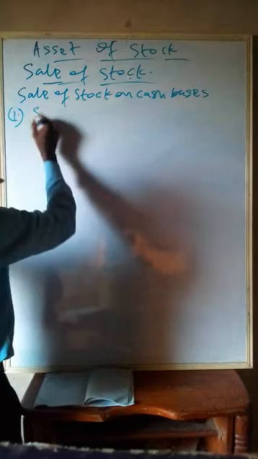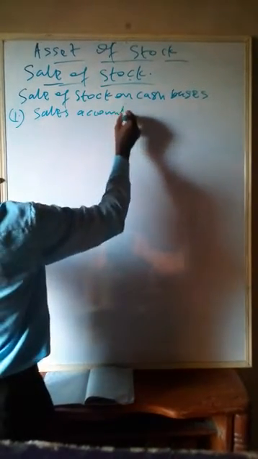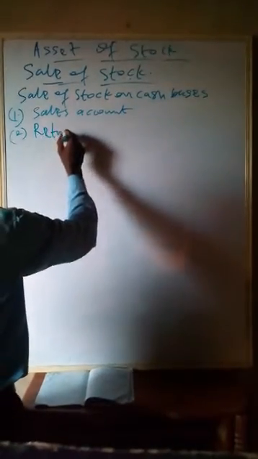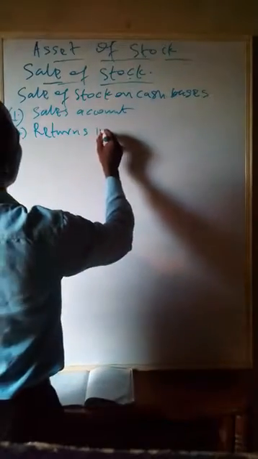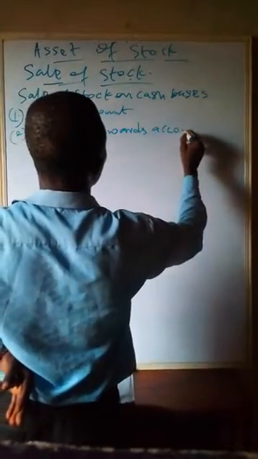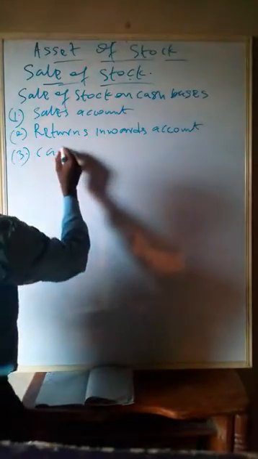One, you have a sales account. Two, you have a returns inwards account. Three, carriage, because of sales, they carry it out.